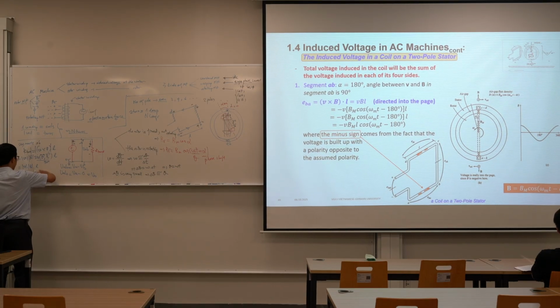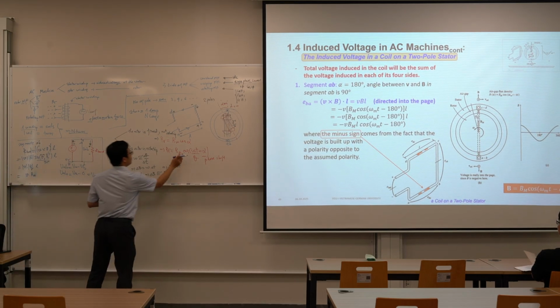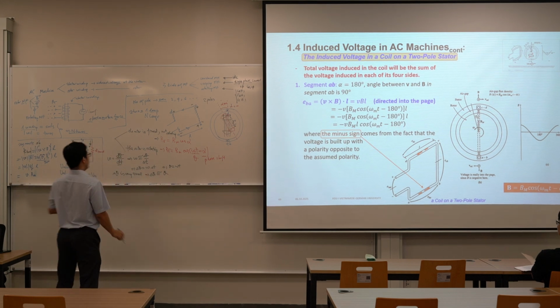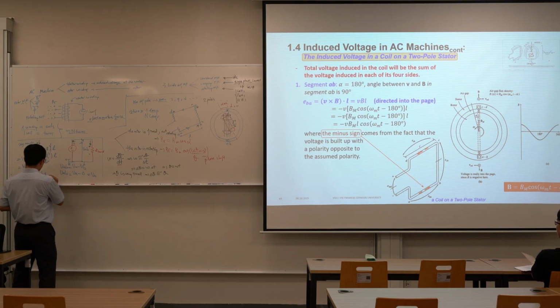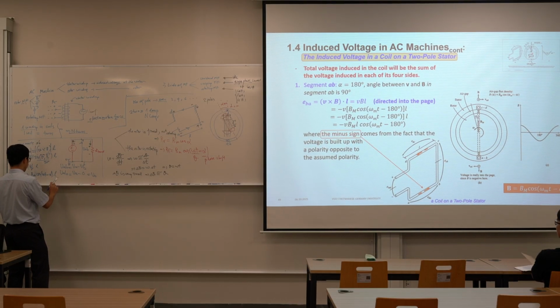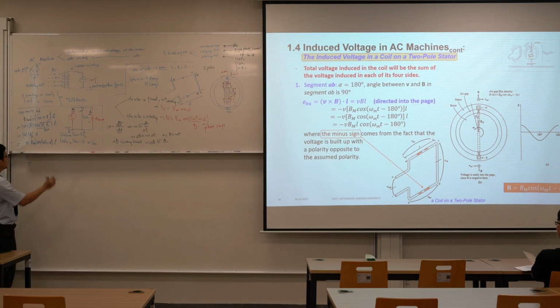So what is B? B means BR, so B is BM cosine omega t minus alpha. And we have minus here, right?